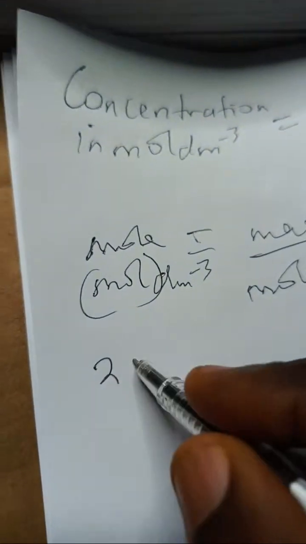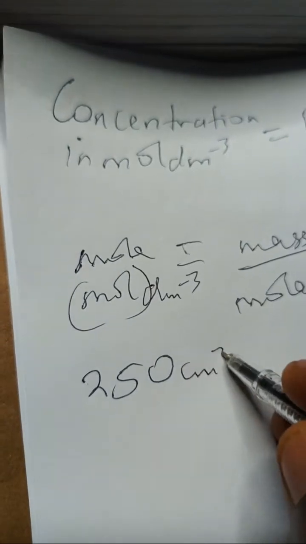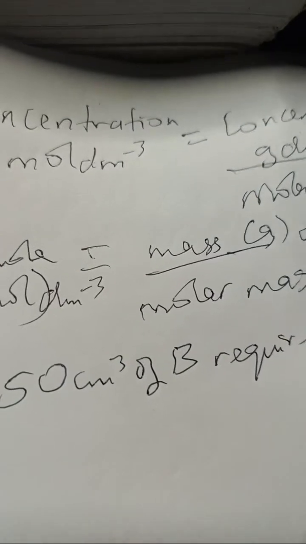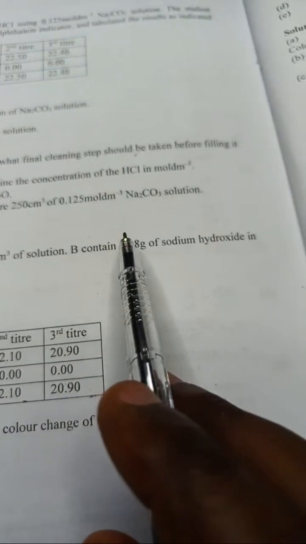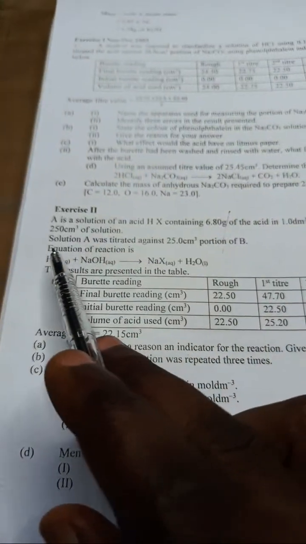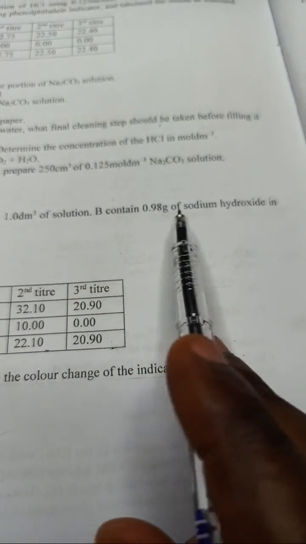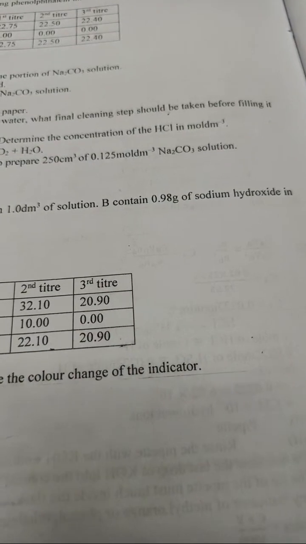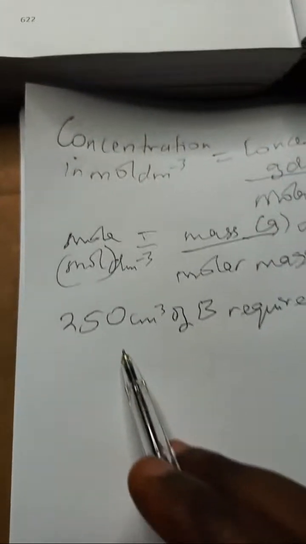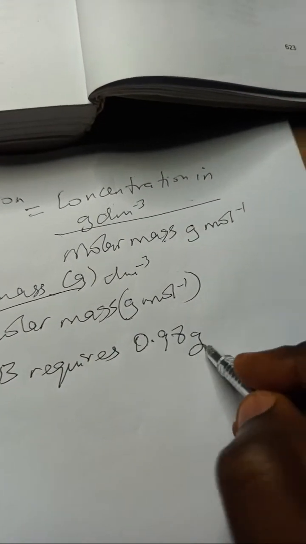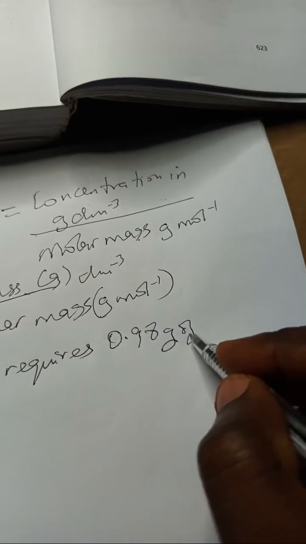We have to say 250 cm cube of B requires 0.98 gram of sodium hydroxide. So we have to say 250 cm cube of B requires 0.98 grams of B.